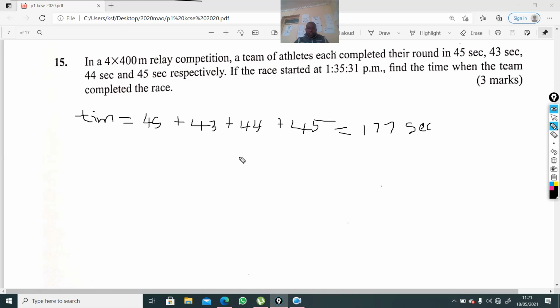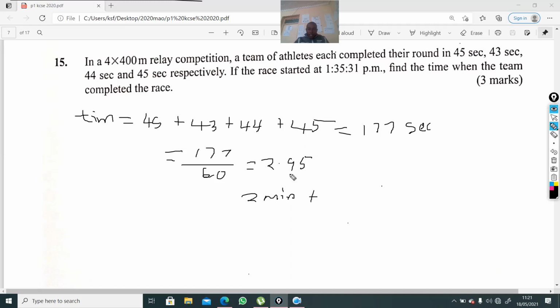So 177 seconds, you change it to minutes, it is 177 divided by 60, because we know 1 minute is 60 seconds. So you divide by 60, you get 2.95. So this means it is 2 minutes plus 0.95, so that you know how many seconds are there.